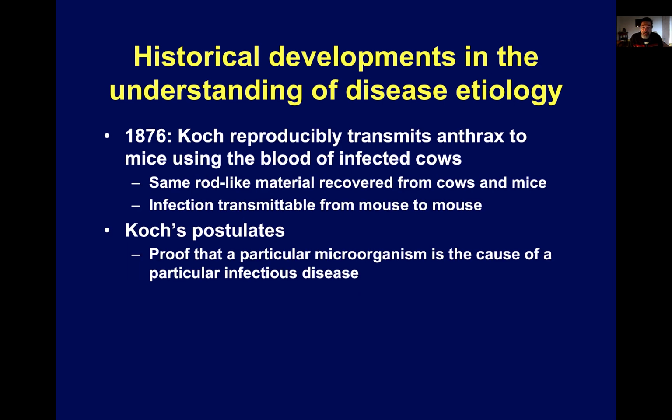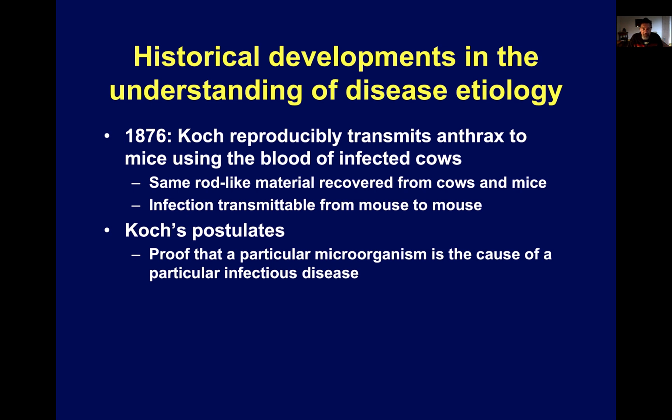Indeed, germ theory didn't emerge until 1876, when Koch reproducibly transmitted anthrax from cows to mice. Germ theory and microbiology began to elucidate what Sydenham and Morgagni posited much earlier, that specific pathogens were associated with specific disease entities. The discovery of germ theory promoted the biologic understanding of infectious disease processes in very significant ways.